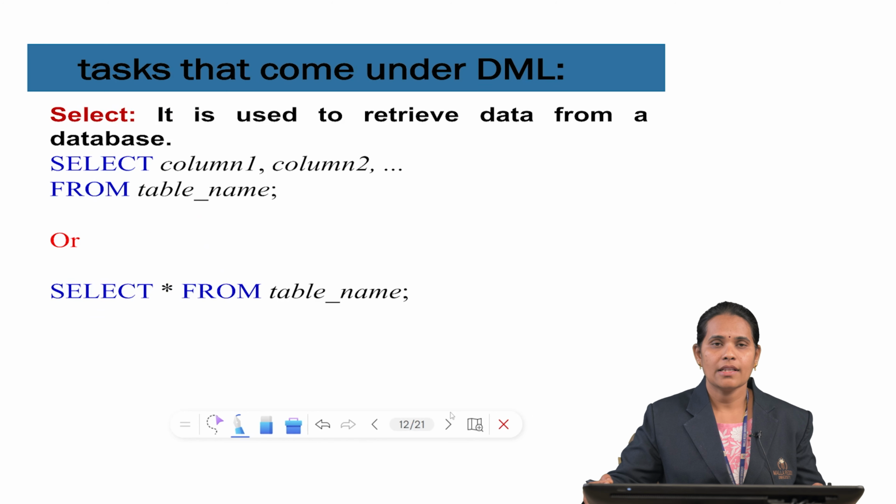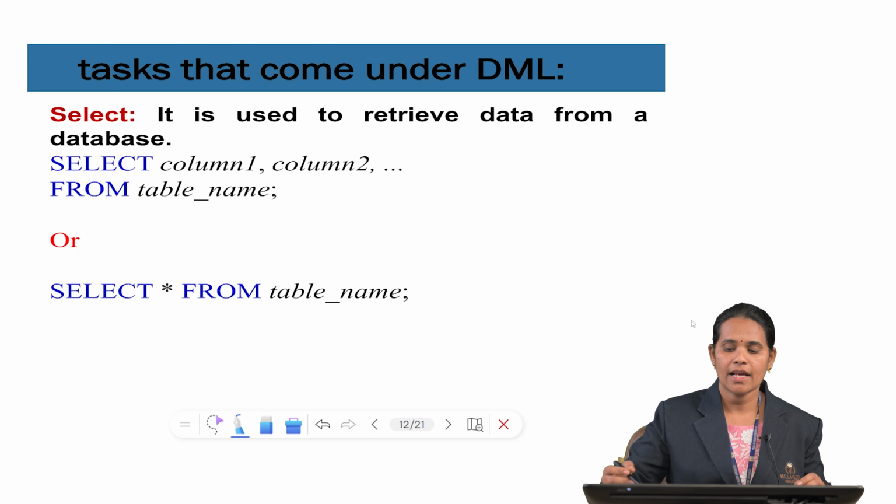Now, the select command is used to retrieve data from the database. For example, say 1000 tables are there, and from those we need to retrieve only a particular table. This can be done by using the select command. The select command is used to retrieve the required data from the database.